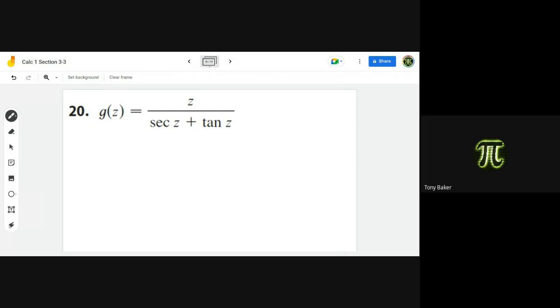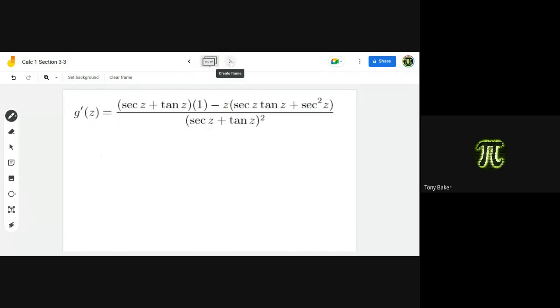Secant x, tangent x. What do you got? Well, I kept taking out secant, and it kept boiling down to 1 plus tangent squared x, which means, if it's 1 plus tangent squared x, yes, not 1 plus tangent x.